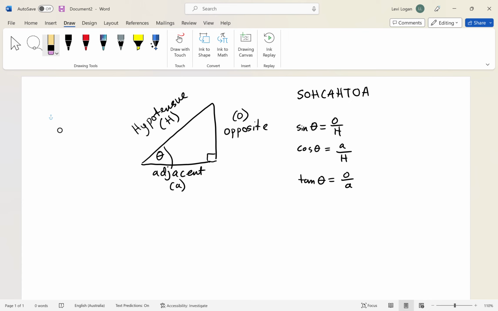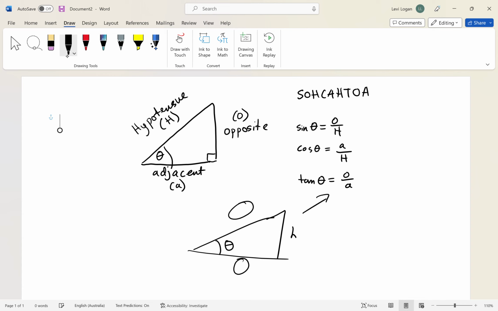Alright, so why do we need these new ideas of composing the side lengths of triangles? Well, if we got given an angle here, and we had a side length like H here, using trigonometry, we could work out this and that if it was a right angle.